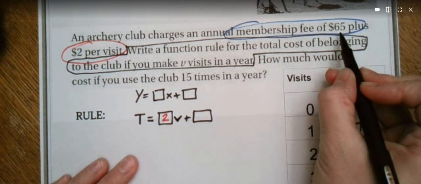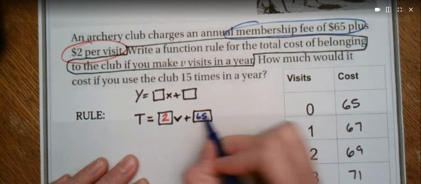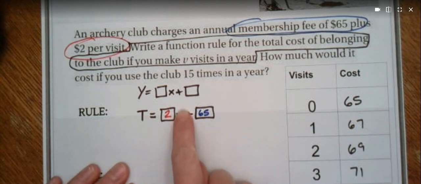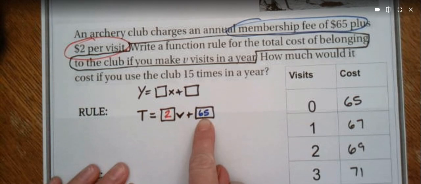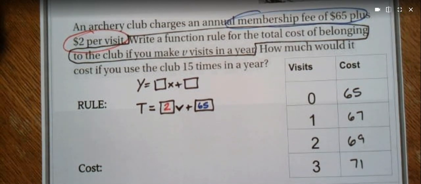That's that $65 membership fee. So that $65 is going to go right in here. So then I end up with total cost being 2 times my number of visits. That's going to be changing depending on how many visits I make, plus the $65 that I pay for the one-time payment. That membership fee will always be $65. Okay, so there's my function rule.